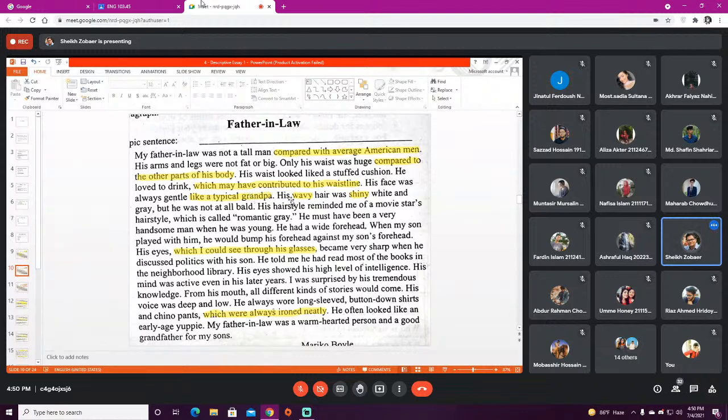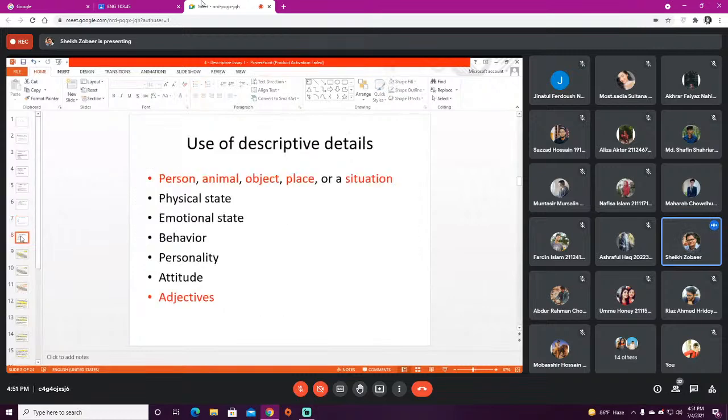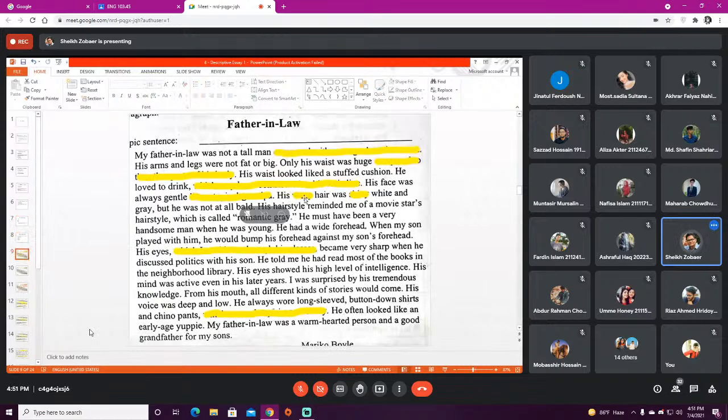If you could say his soft hair or soft wavy hair, the word soft triggers the image of touch. How do you know something is soft? By touching it, right? So if we say his soft wavy hair was shiny white, then wavy and shiny trigger the image of sight, where the word soft triggers the image of feeling, touching something.